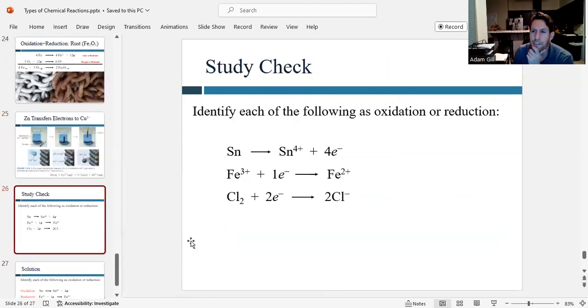Okay. Study check. Identify each of the following as oxidation or reduction. The first one here, it looks like tin is losing electrons, which would be oxidation.